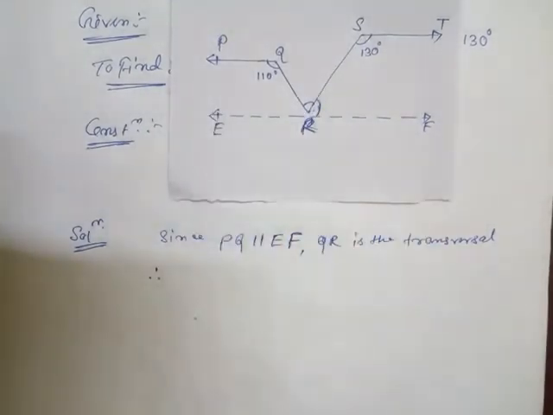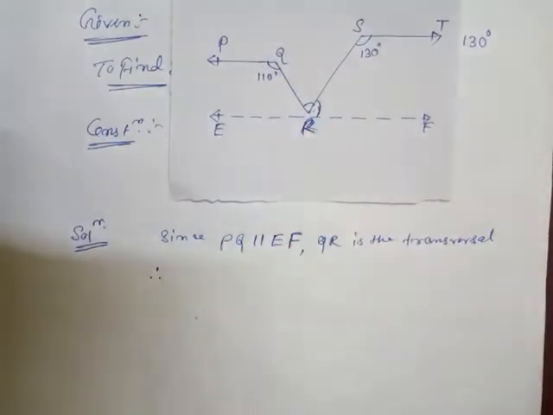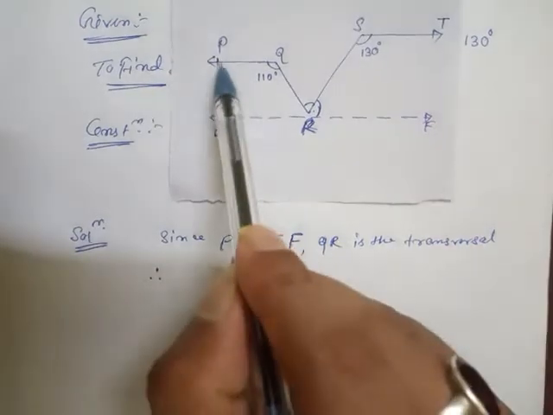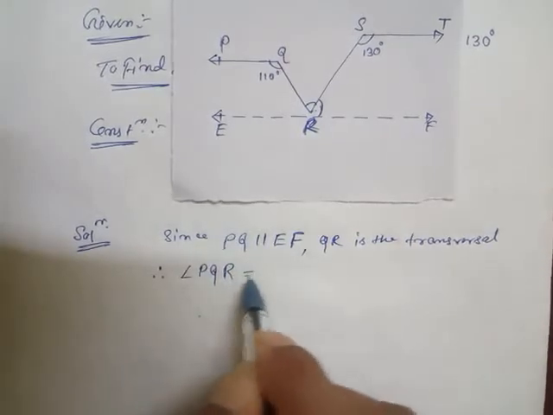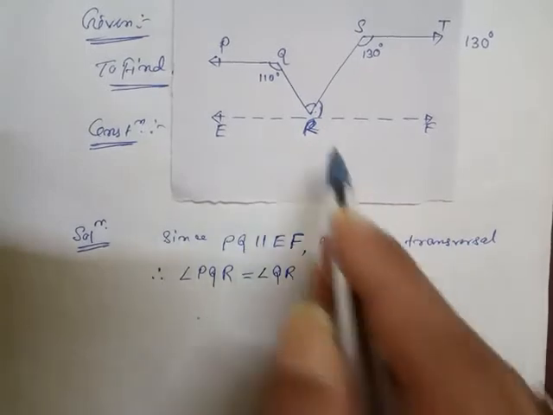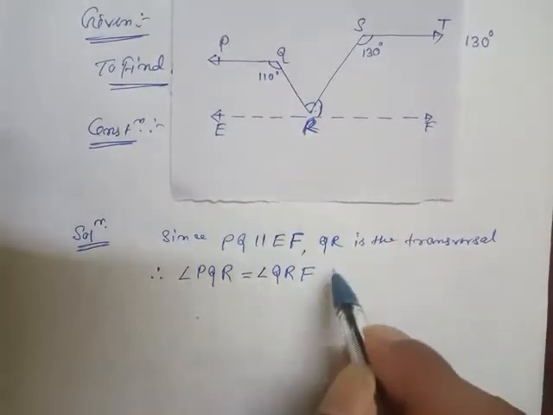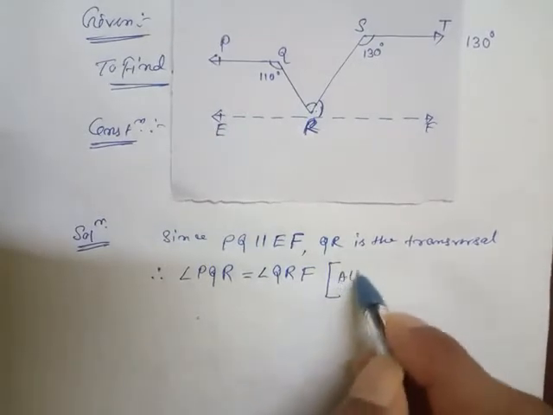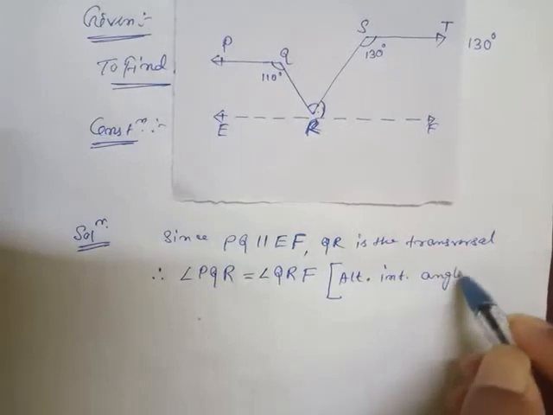PQ parallel to EF and QR is the transversal. So this angle and this whole angle are equal because they are alternate interior angles. So angle PQR equals angle QRF, and we'll write down here alternate interior angle.